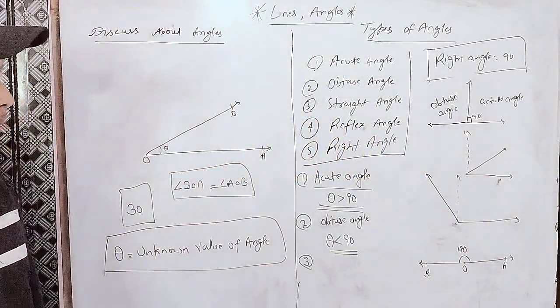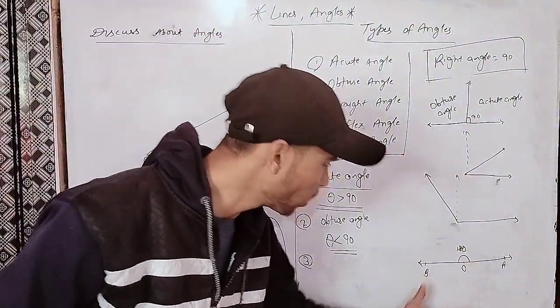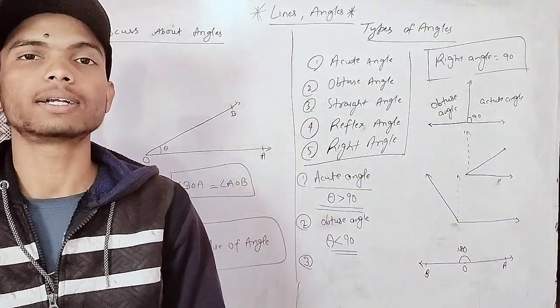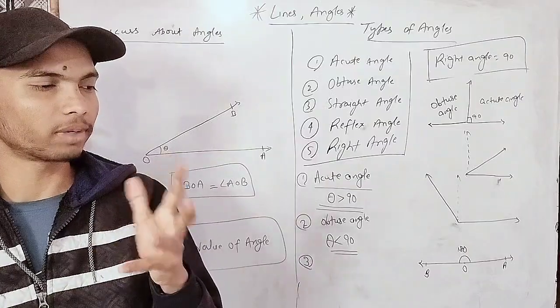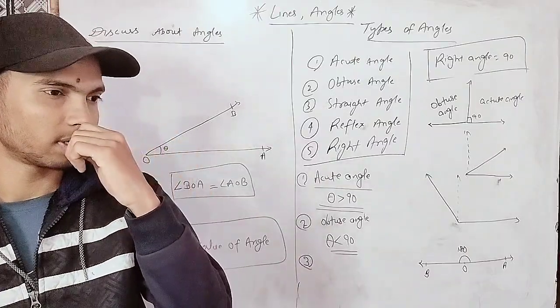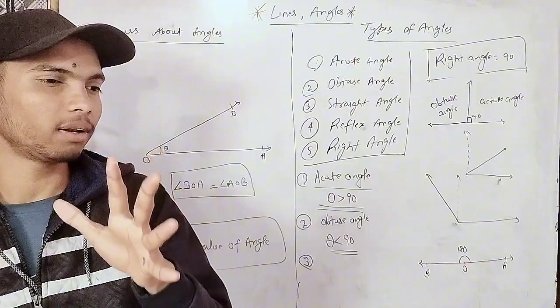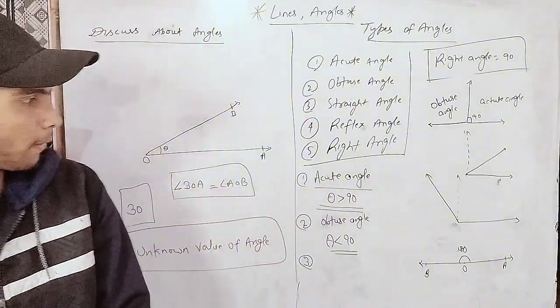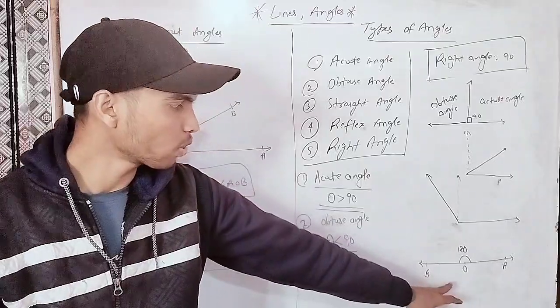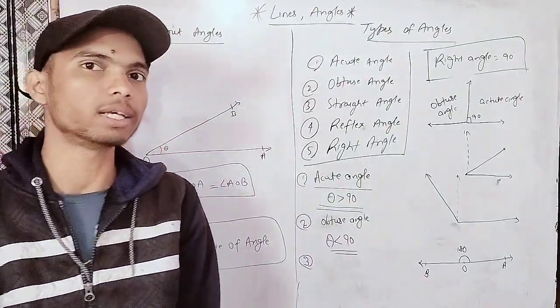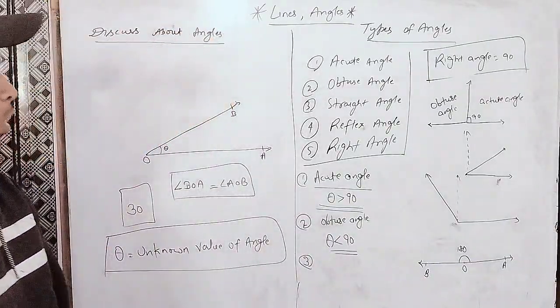Okay. So whenever we say straight angle, we notice that we are saying that we have angle with 180 degree. So rotation of this straight angle is how much? 180 degree.